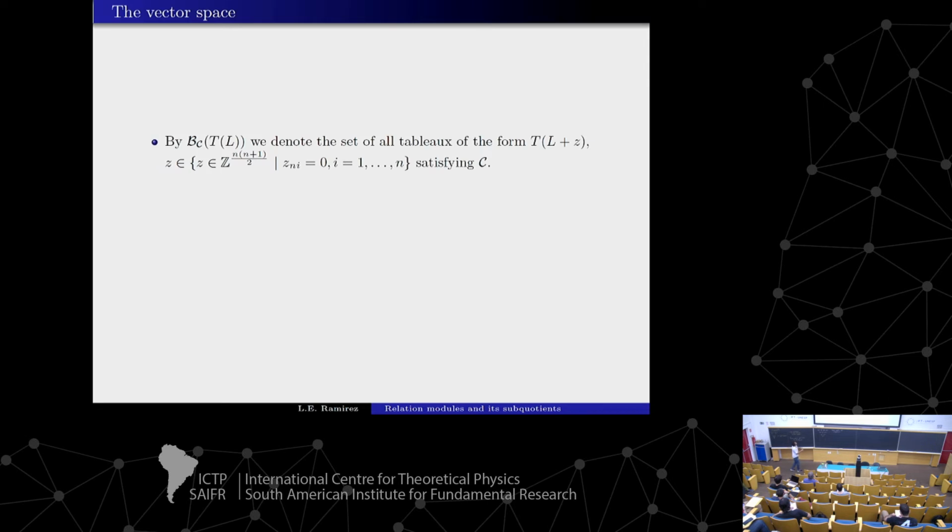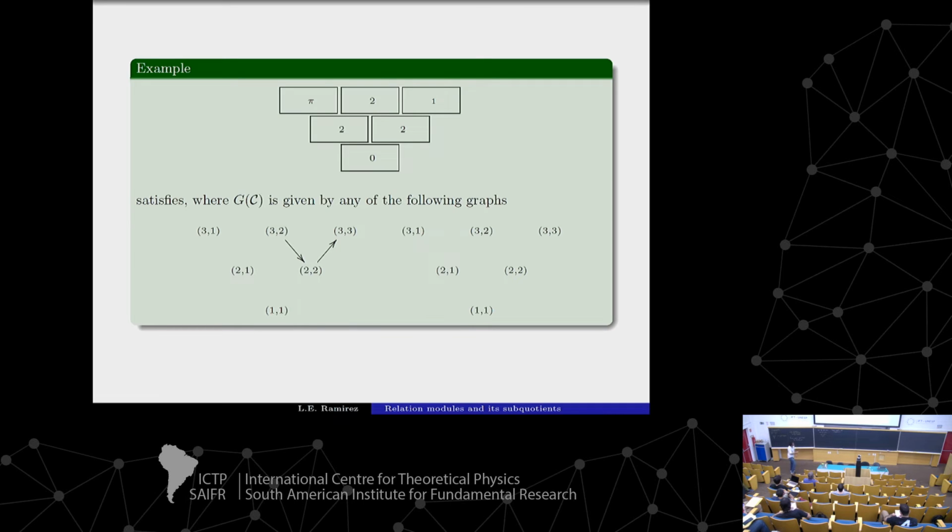Okay, just an example here. So you have this Tableau. What does it mean that this Tableau satisfies this set of relations or this graph? That means that for arrows going down the difference should be an integer greater or equal to 0, and for arrows going up it should be a positive integer.